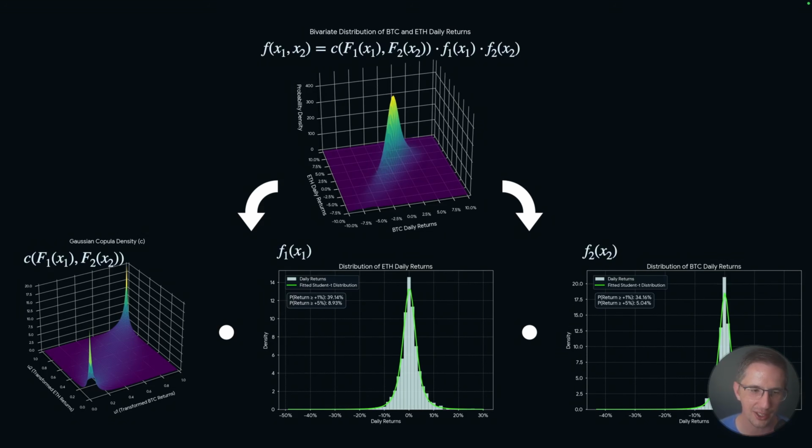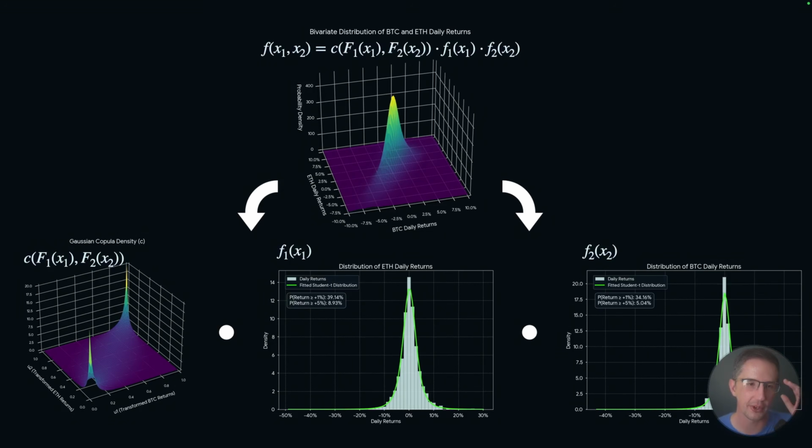You can actually compose a joint distribution now based on those. And you can do it using this idea of a copula. And a copula is just describing how these two assets behave together. It's separating out from their marginal distributions their actual relationship, which is really, really interesting.